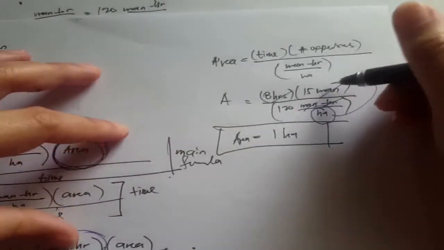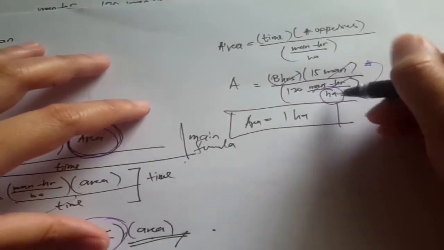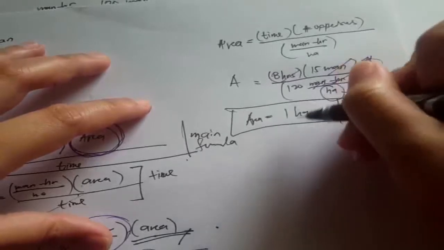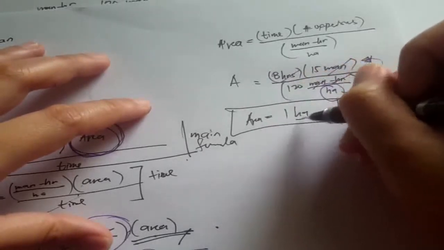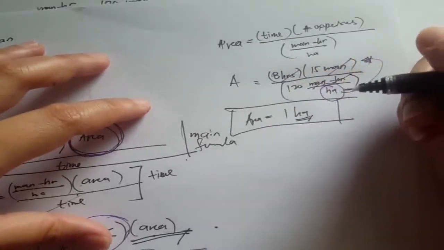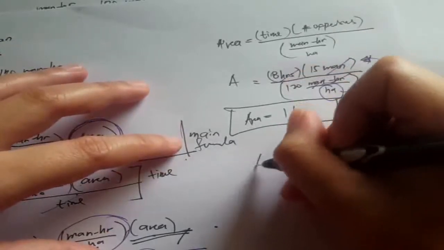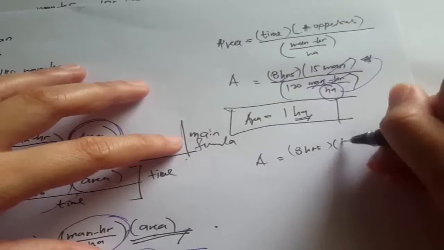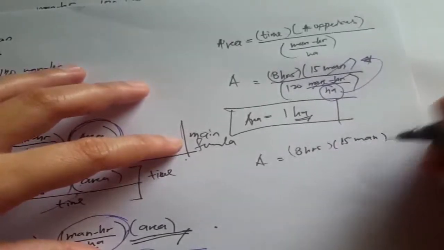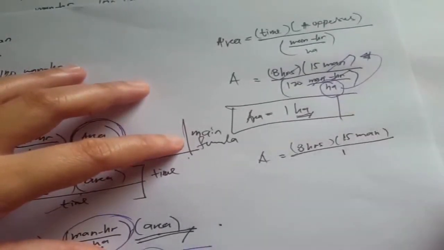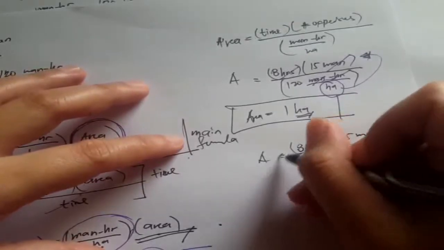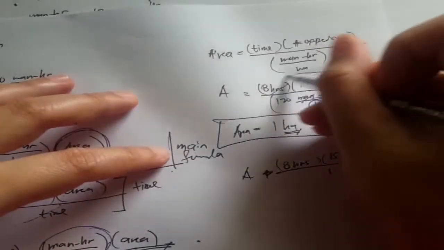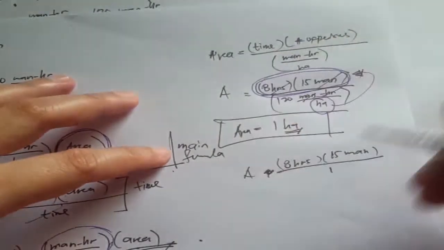For example, instead of putting hectare at the upper part to remain with the hectare unit, you can simply go back to your algebra: 8 hours times 15 men, which is always over 1. Imagine that this numerator is just equal to 1.